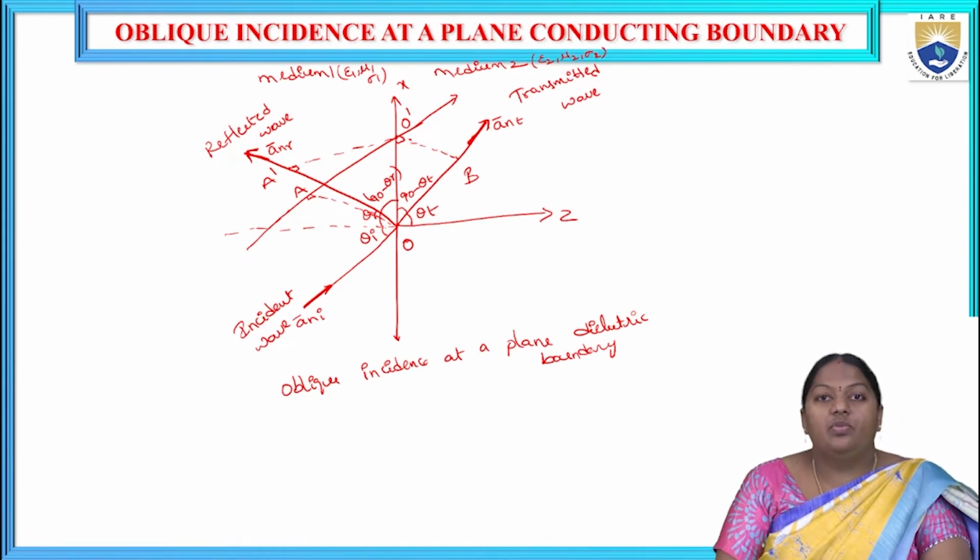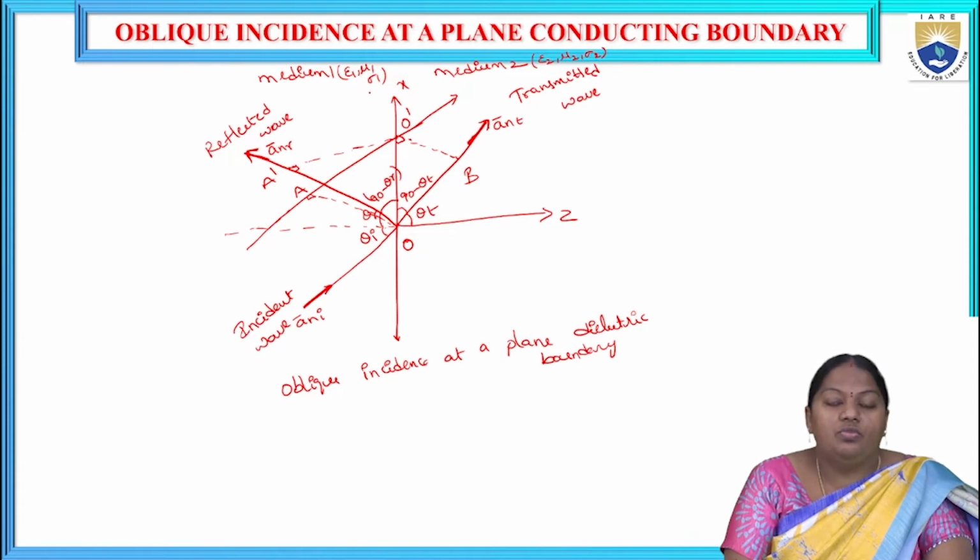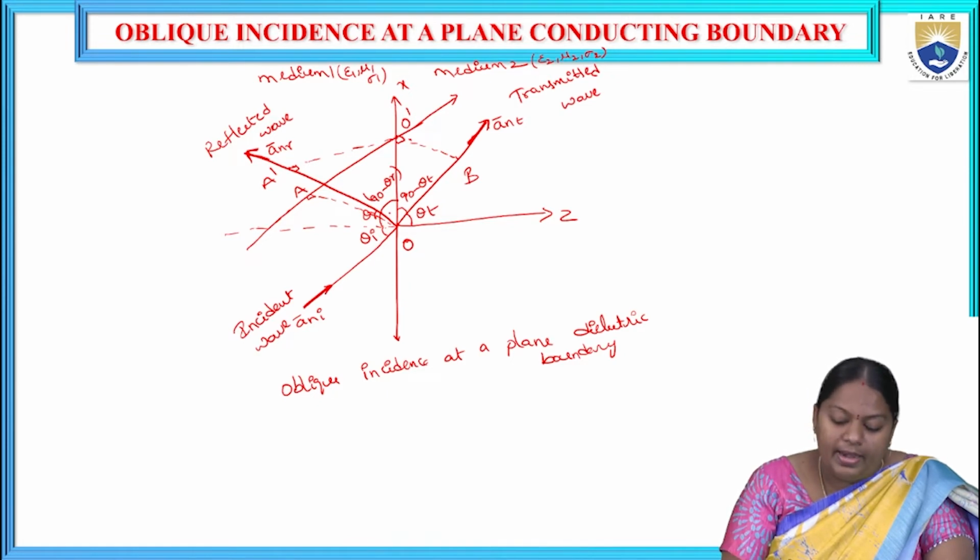Below z equal to 0, medium 1 exists with characteristic parameters epsilon1, mu1, sigma1, and medium 2 with epsilon2, mu2, sigma2. The incident wave makes angle theta I, the reflected wave theta r, and the transmitted wave is represented with theta t.